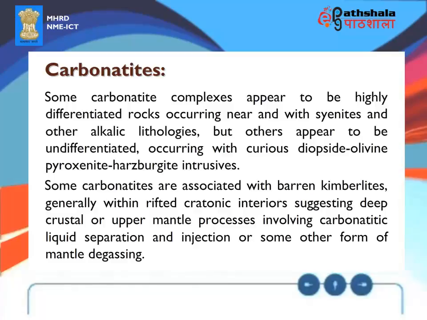Some carbonatites are associated with barren kimberlites, generally within rifted cratonic interiors, suggesting deep crustal or upper mantle processes involving carbonatitic liquid separation and injection or some other form of mantle degassing.